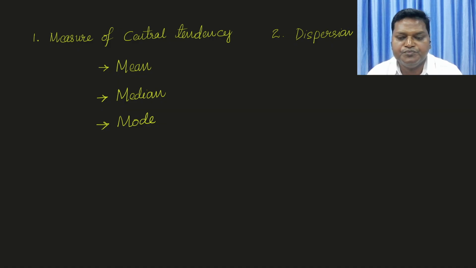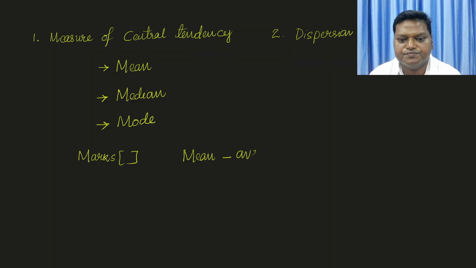For example, I want the mean of all your marks. Then what will I understand? When I know the mean, I understand what is the average of your class. So mean, another word is average. And how do we calculate average?